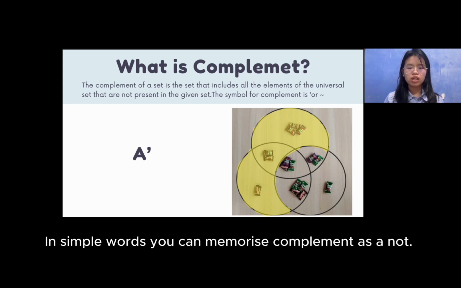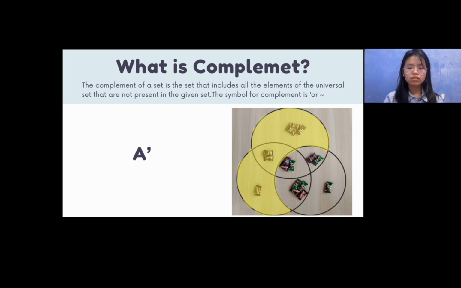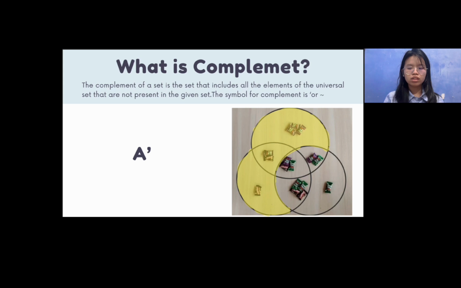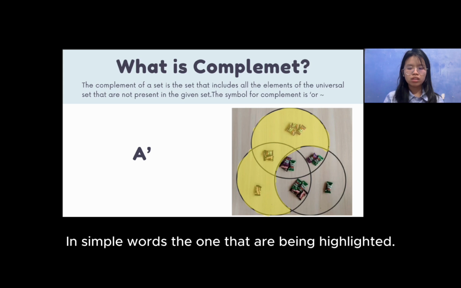In simple words, you can memorize complement as a not. Look at this example. A complement. The answer will be all the elements that are available except for elements in set A. In simple words, the one that is highlighted.